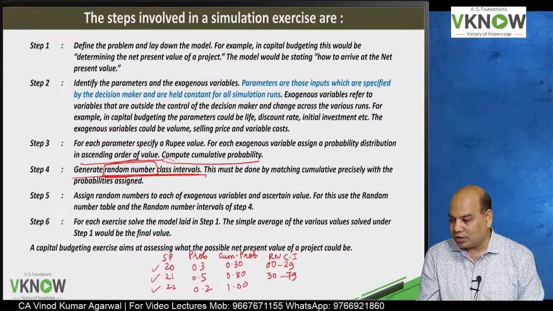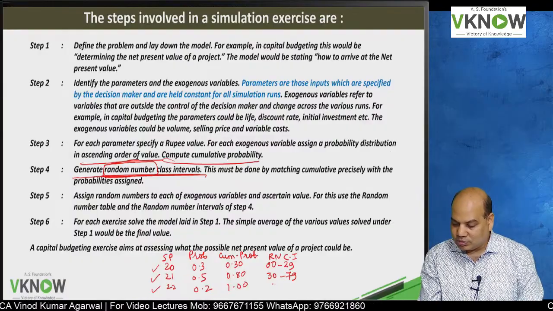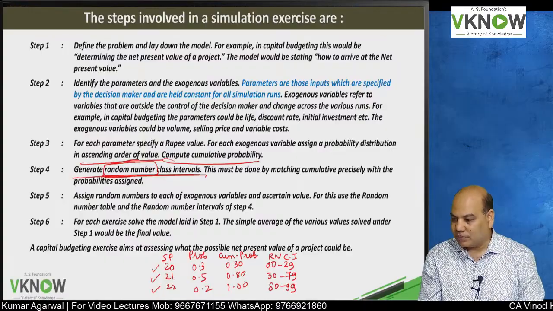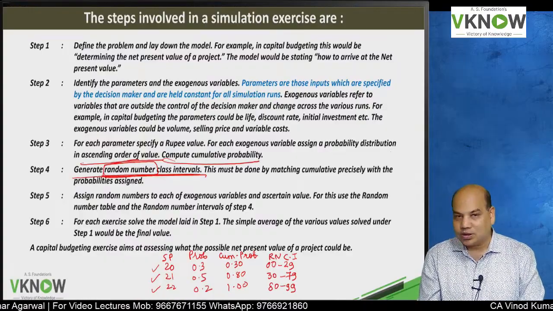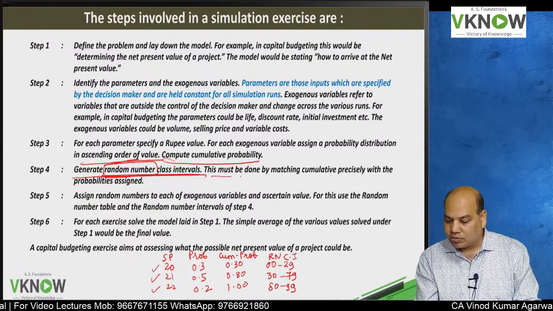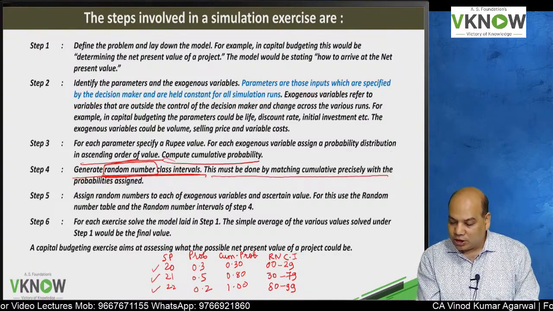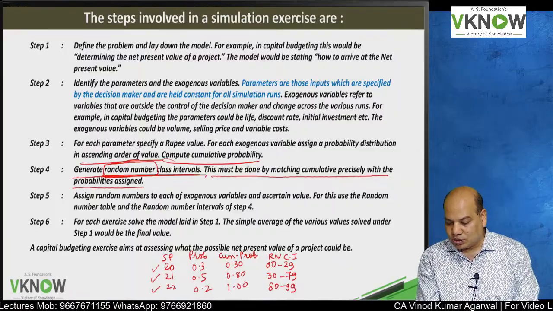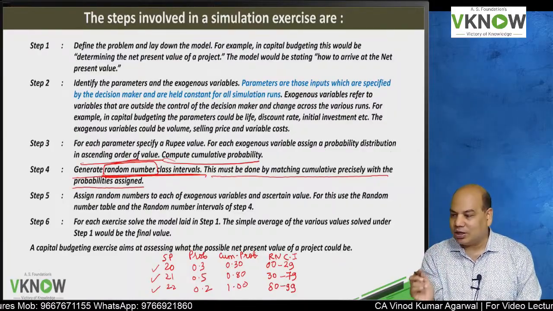And then for the last, the class interval will be 80 to 99. So a total of 100 numbers are considered. This must be done by matching the cumulative probability precisely with the probability assigned. This is a very easy mechanical calculation.